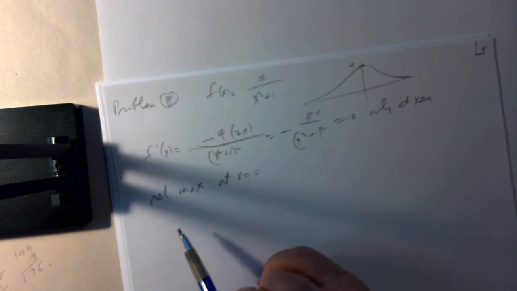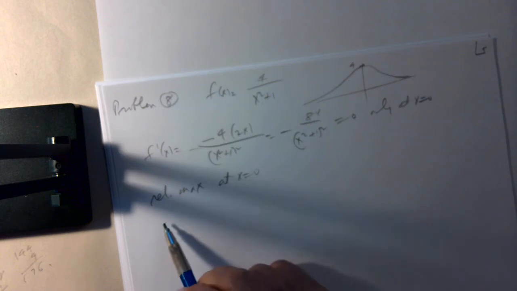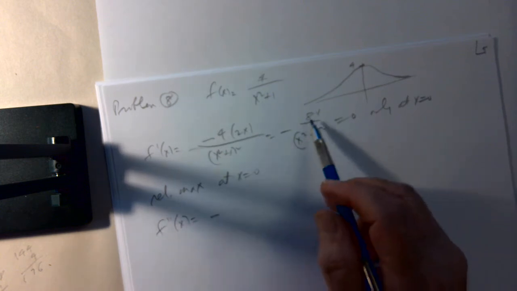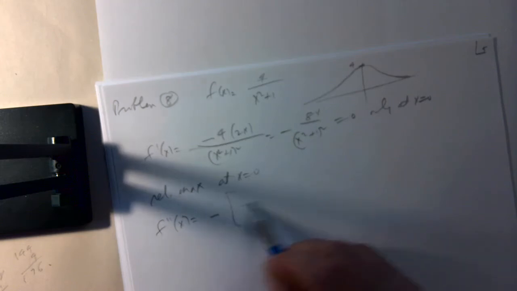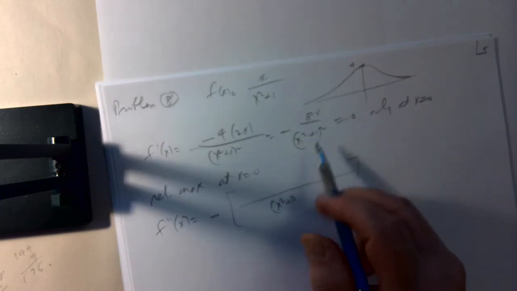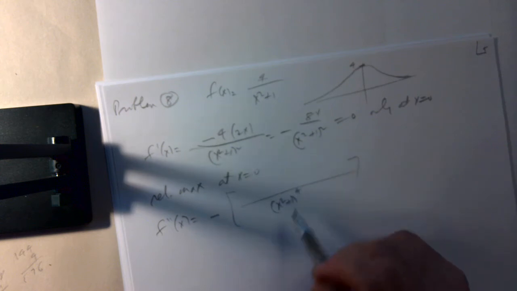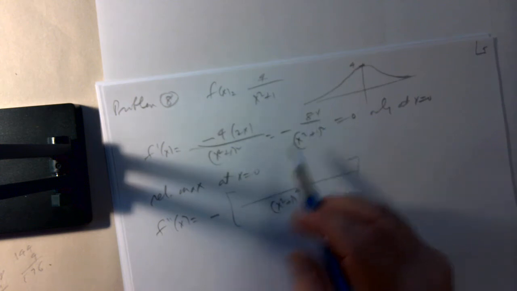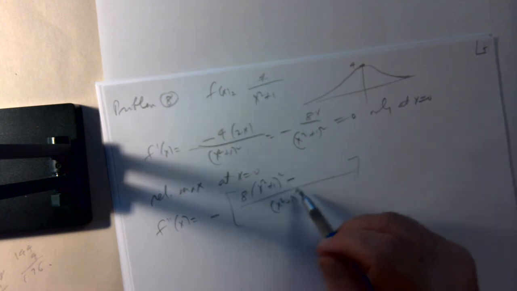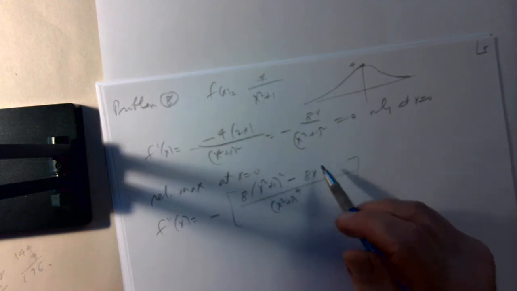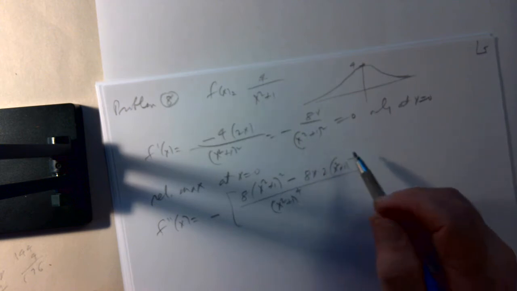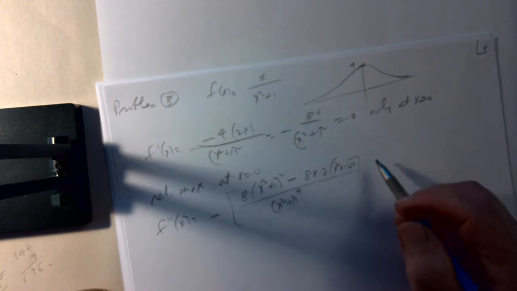Now, what are the points of inflection? So you have to look at the second derivative. The second derivative is minus, see, let's differentiate this whole thing. You have the square of x squared plus 1 squared, which is x squared plus 1 to the 4th. The derivative of the numerator times the denominator minus the numerator times the derivative of the denominator, which is 2 times x squared plus 1 times 2x.